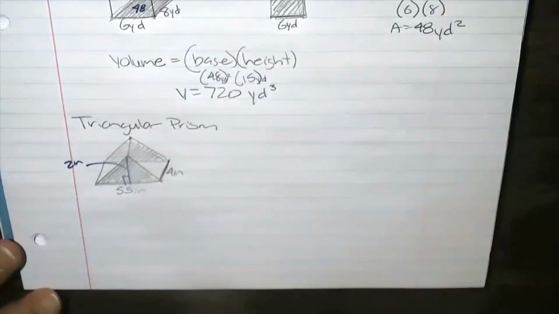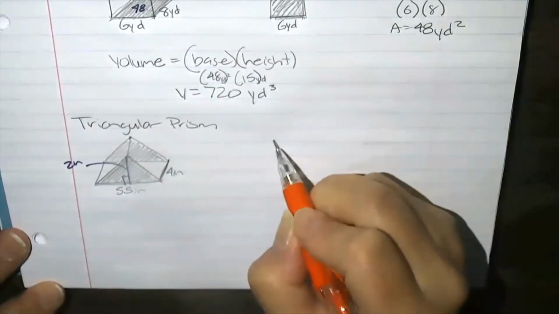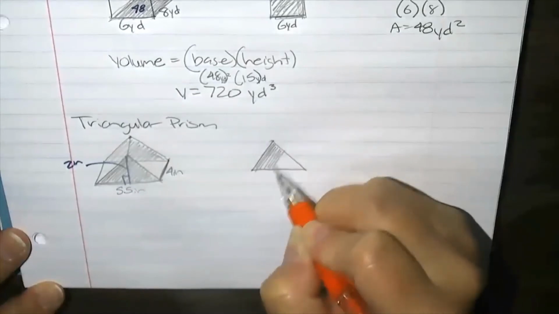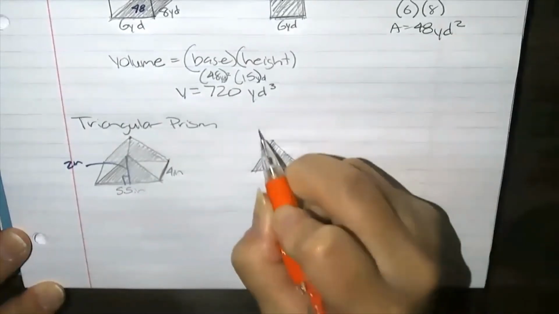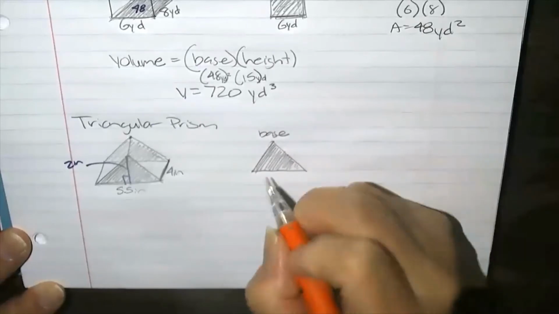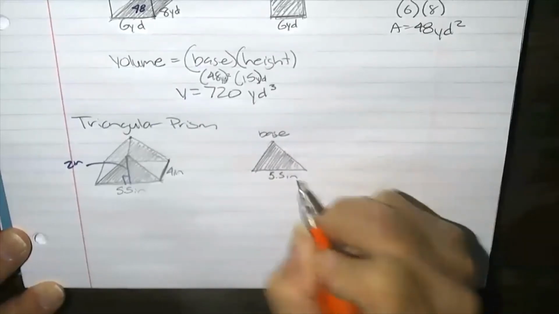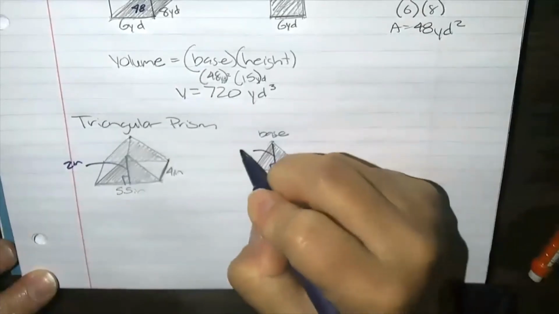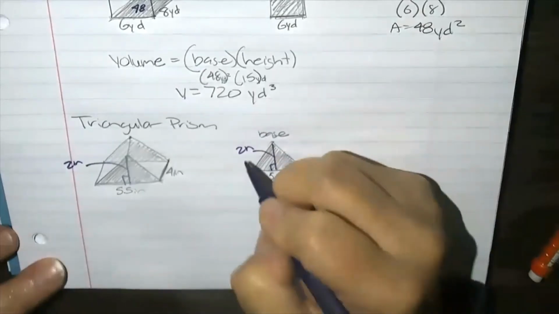So here, I'm going to draw my base. My base is this triangle, 5.5 inches with a height of 2 inches.